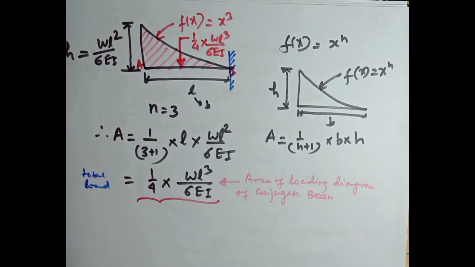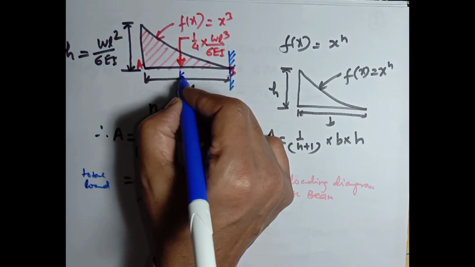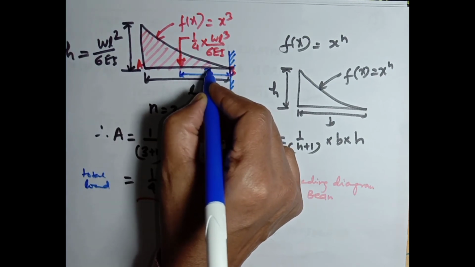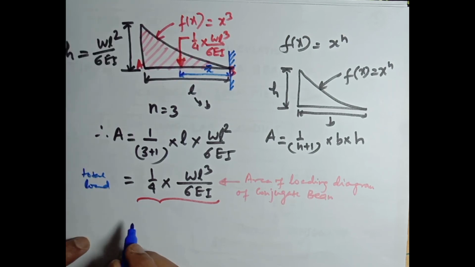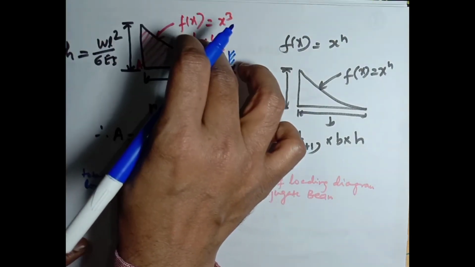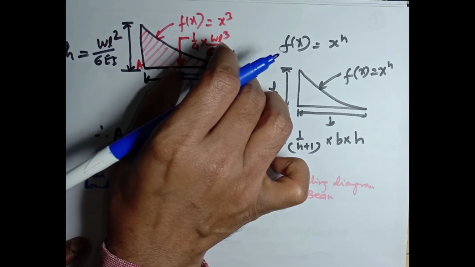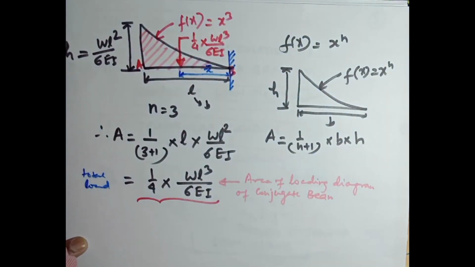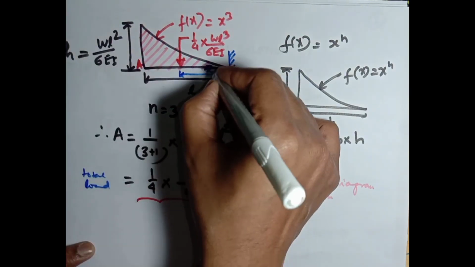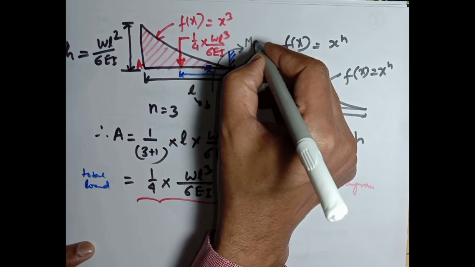The total load will be at a distance of x bar of this loading diagram, or the centroid of this loading diagram. So the total load multiplying with this x bar, or centroid of this loading, will give the moment at point B, which is MB.